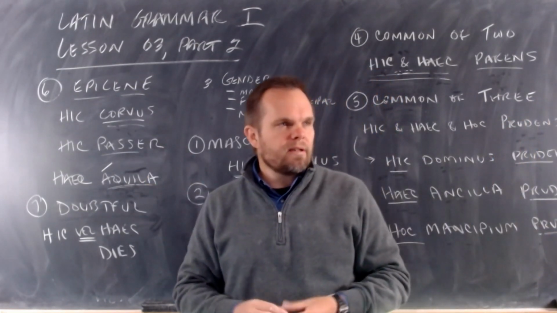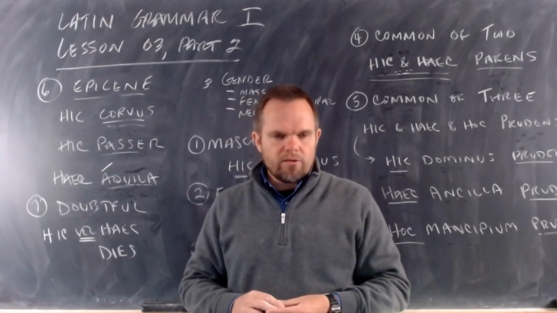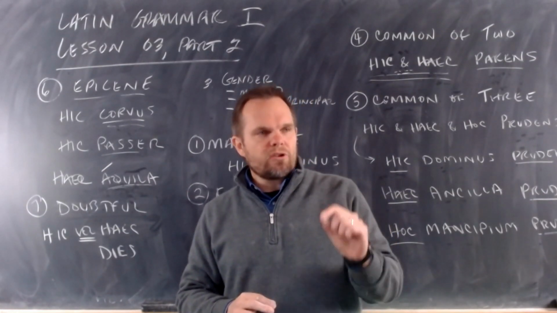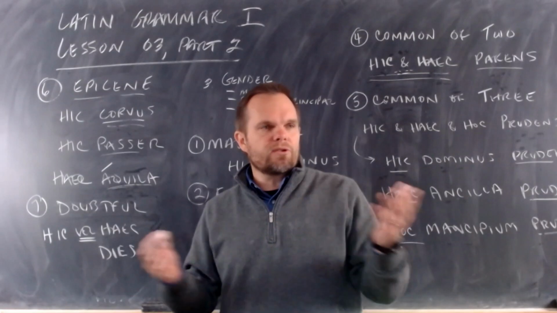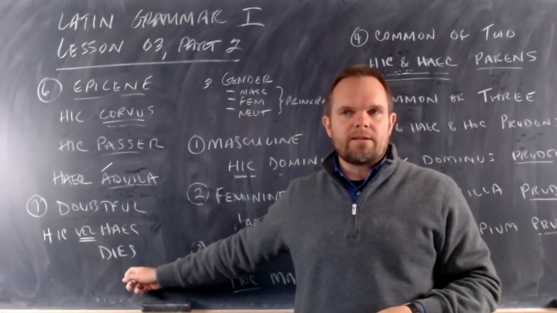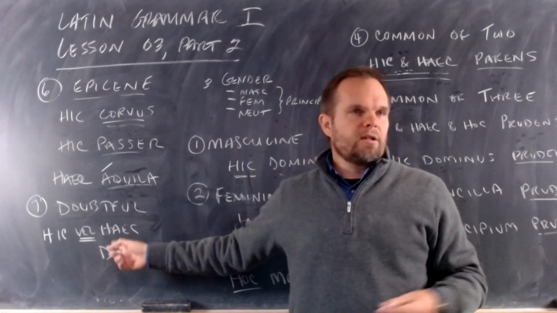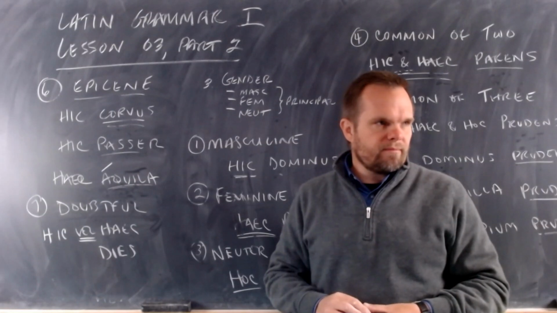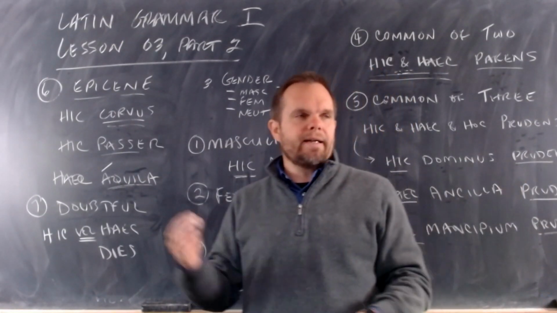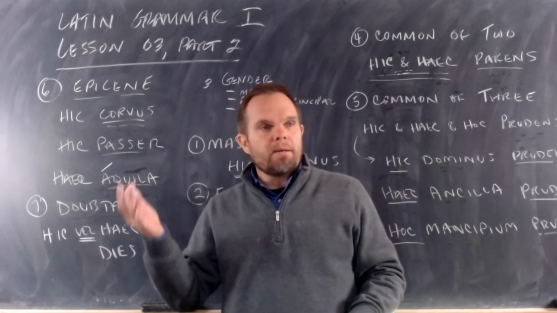It's doubtful. It's uncertain. All right? That's why the rule actually says dubium sive incertum, which means doubtful or uncertain. We don't know if the Romans thought that dies was hic or haec, because we find it as both. There's no such thing as a male day and a female day, so they just switch it up. It's uncertain.